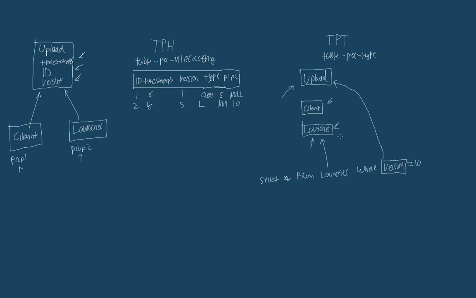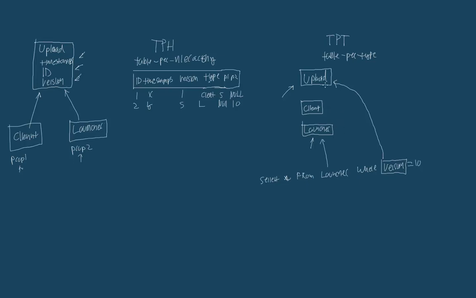Of course, it'll be one query with X joins, where X is the amount of subclasses you have in your hierarchy. Alternatively, we could query on the upload table once, and then if the upload table had a discriminator type in it, we could query on the client and the launcher table subsequently, which would be ridiculously unperformant.